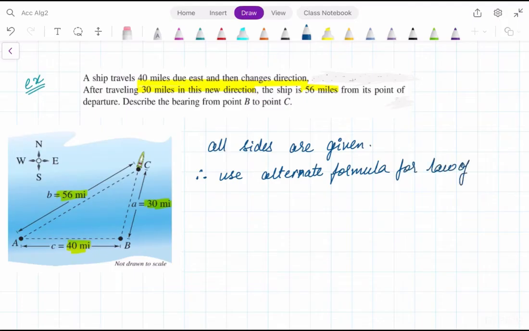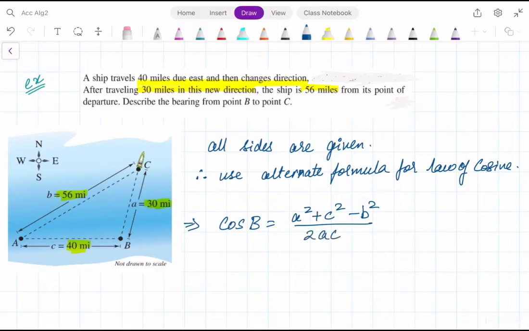Because we have to talk about the angles, we are using the alternate formula for the law of cosines. They are pointing from point B to C. That means we need to find out what is angle B. For that we use the formula for cos B. Let's put all the information in. All the information is given.